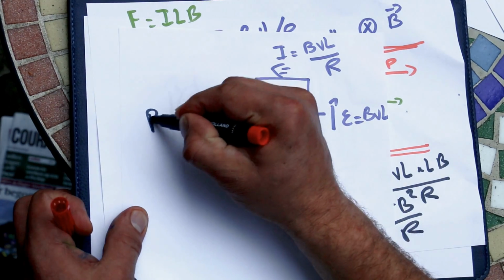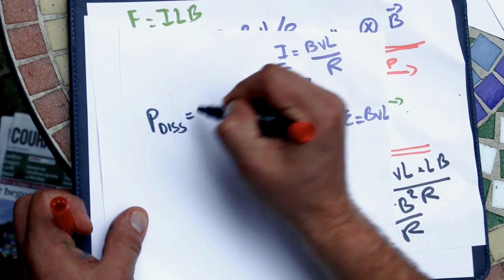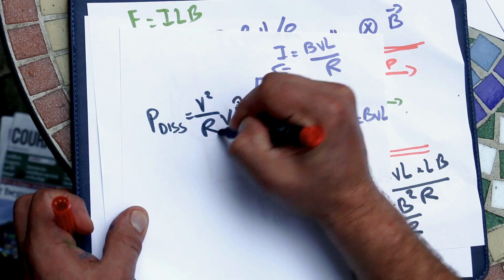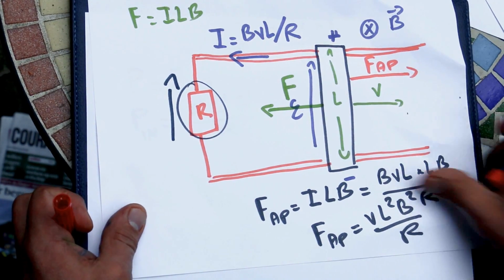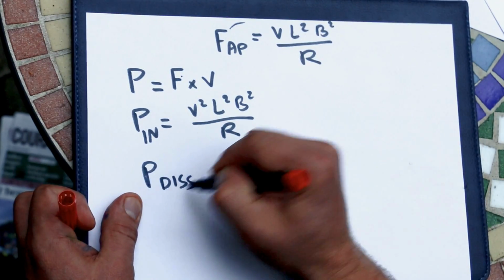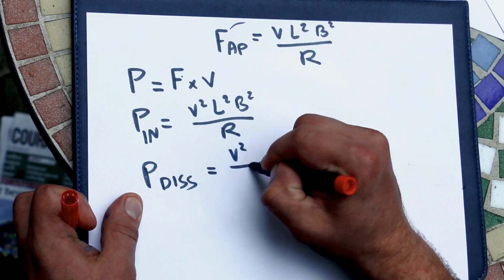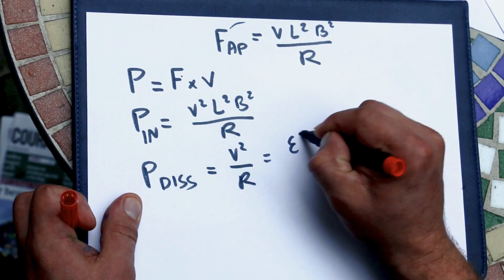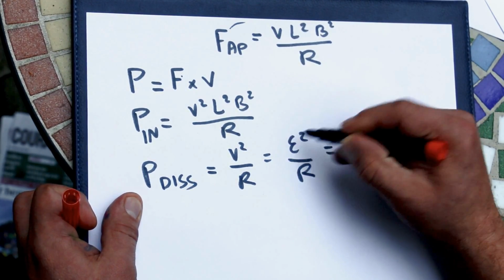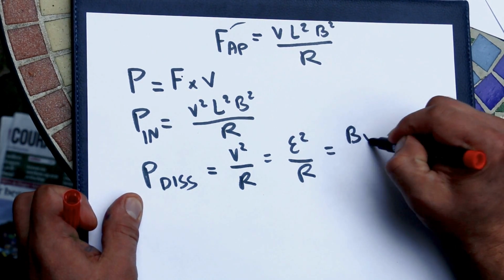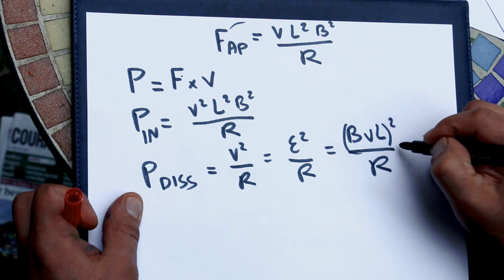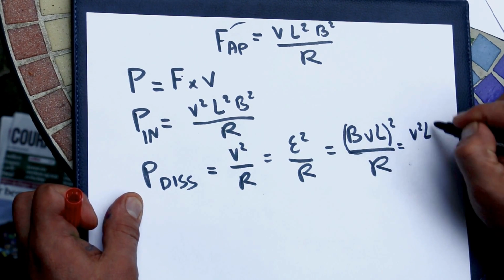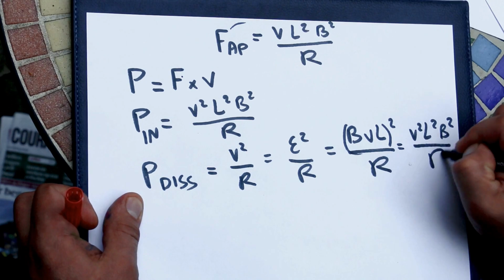The power dissipated in the resistor is V squared on R. So if I replace V by epsilon, again my power dissipated, which is V squared on R, or epsilon squared on R, epsilon is BVL, so BVL squared on R. I develop this: V squared, L squared, B squared on R.